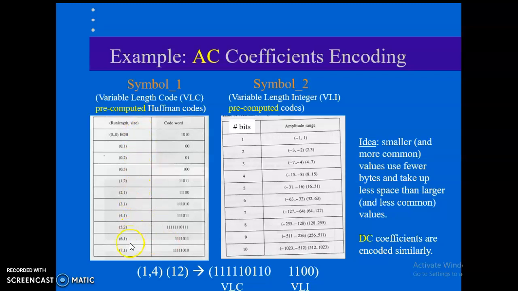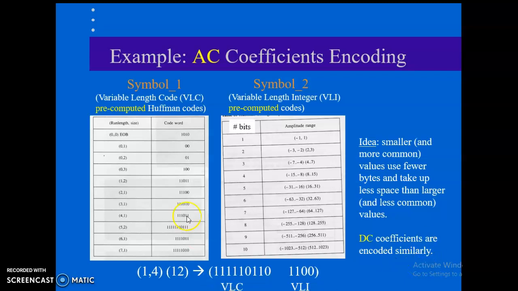Run length and size is the code word; the number of bits and the amplitude range give the VLI. The idea is that smaller and more common values use fewer bytes and take up less space than larger and less common values. DC coefficients are encoded similarly.